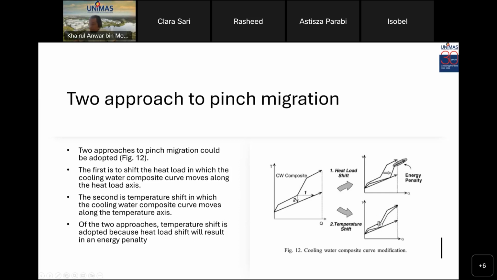Then we choose a temperature shift, but how to choose? Find the new pinch and modify the composite curve.